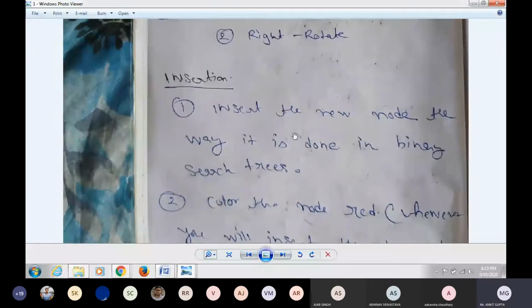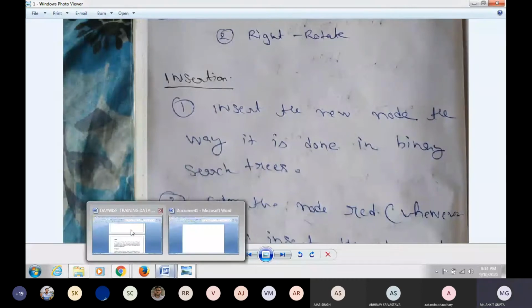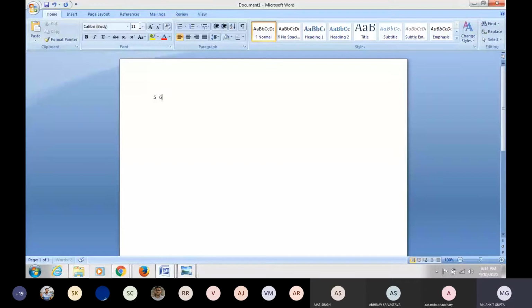So suppose we insert a new node. Insert the new node the way it is done in a binary search tree. Suppose there are 5 and 6; I want to insert these elements into my red-black tree.